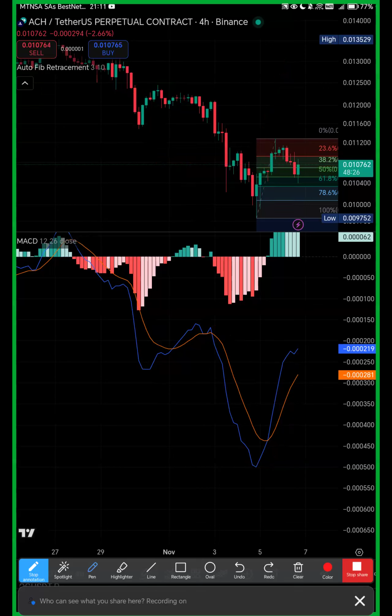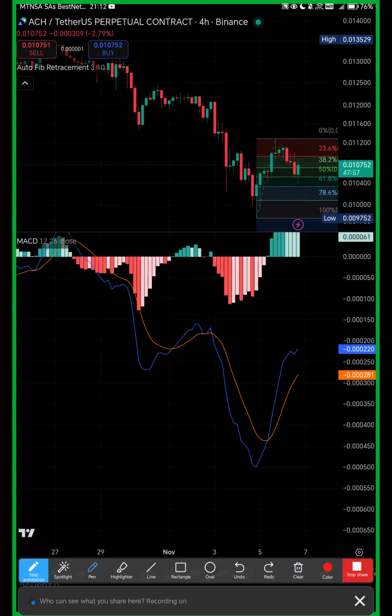So when they are moving, at certain points they are going to meet each other. They will cross. The blue line, since it is the fast moving average, is the one that crosses the signal line.